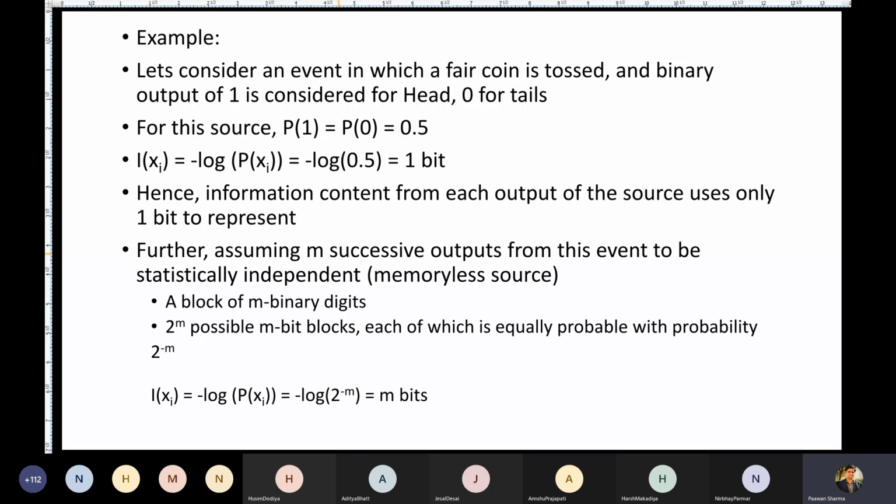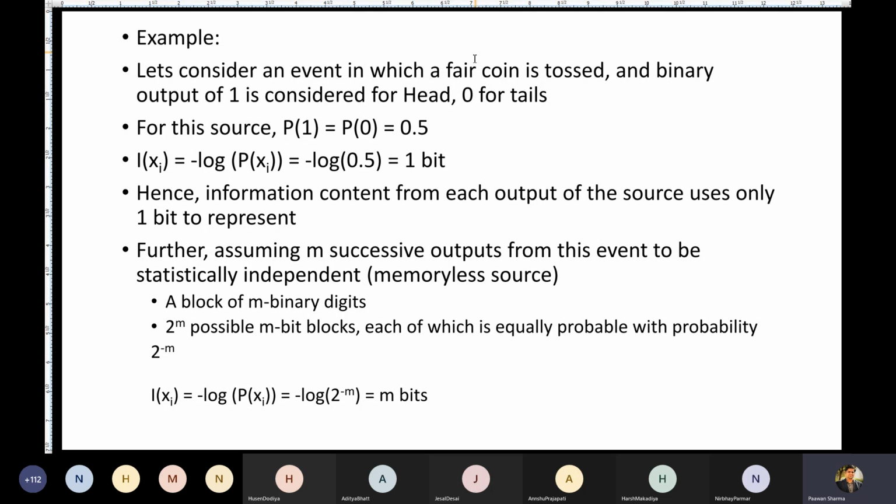Take one example. Consider an event in which a fair coin is tossed. Remember this word, fair coin. I will pose some question where I'll change this word in the later part. As of now, assume you have a fair coin, which is not a biased coin, right? It's tossed and the binary output 1 is taken if it comes head. The binary output 0 is taken if tails come.